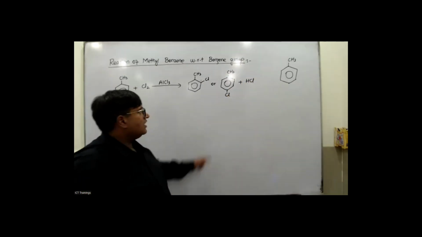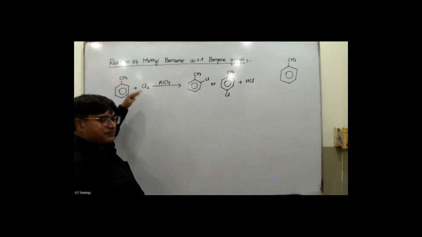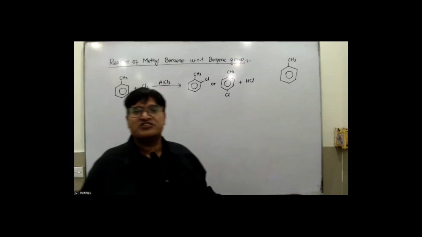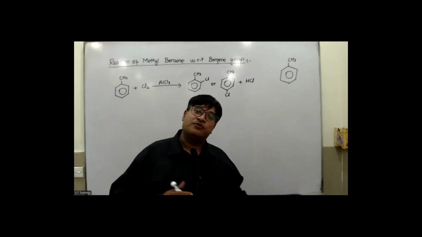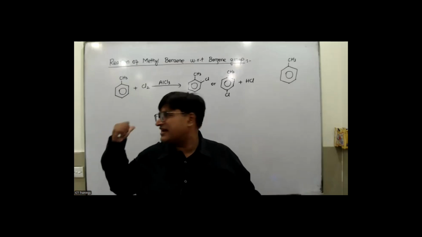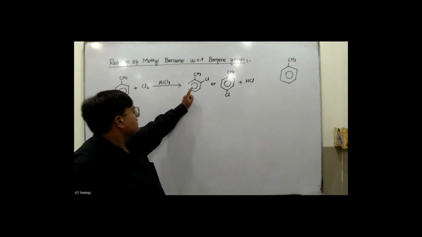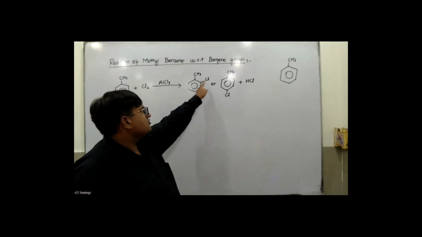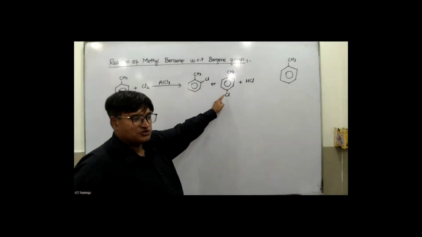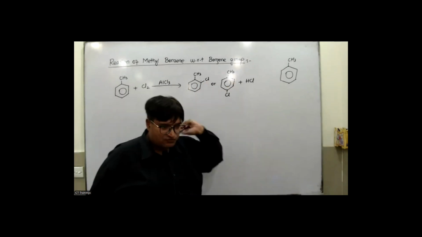Now, the group which is already attached on the benzene decides where the upcoming group will be attached, either on position 2, 4, 6 or on positions 3 and 5. So there are two directing groups. We will discuss it at the end of this chapter today. So chlorine could be attached on position 2 or on position 4. Both possibilities are there, and HCl is formed.